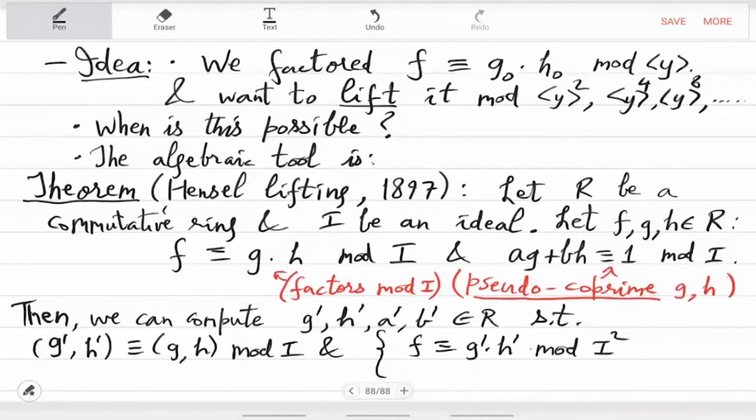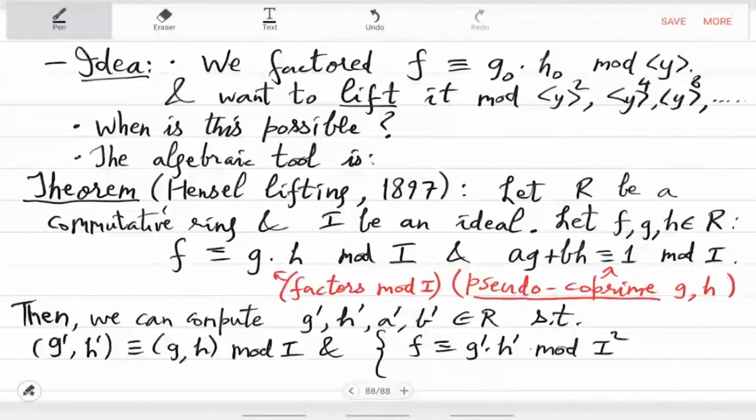What is I square? I think we defined it in the first class. This is just pick any two elements in I and multiply them. So you have these products, and then you generate the ideal by them.